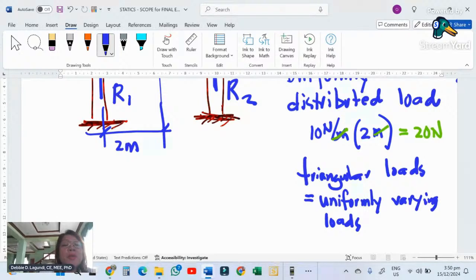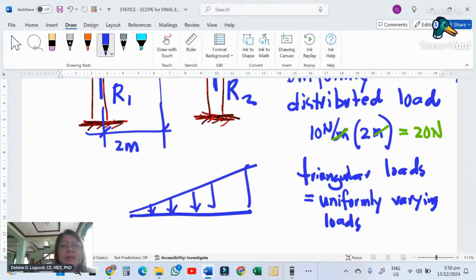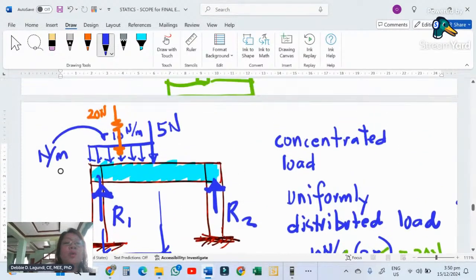Why uniformly varying? Because you start from 0 and then it will intensify. It increases and increases until you get the maximum intensity. So it varies from 0 up to, for example, 5 Newton per meter. So what we will do, we're going to load our beam with that intensity.